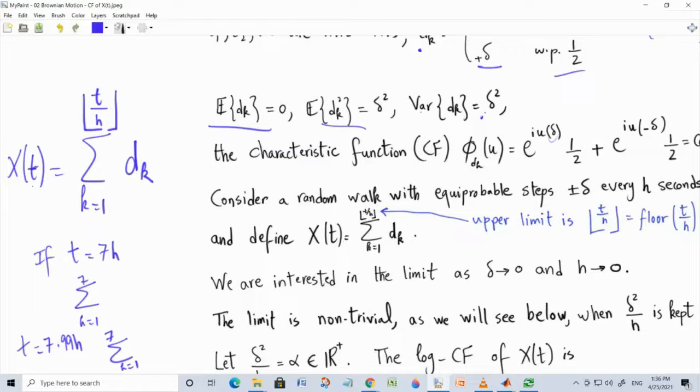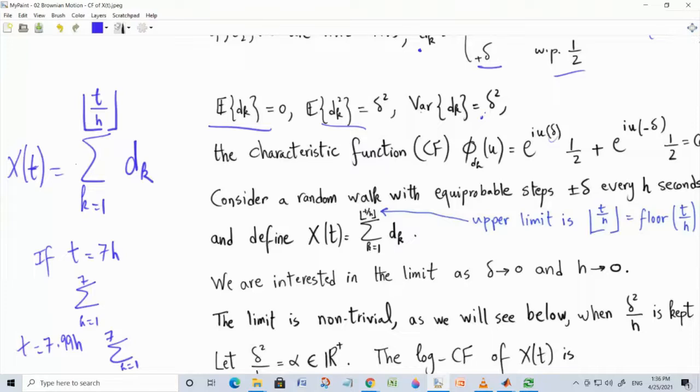It is just that, rather than using a discrete index, we are using a continuous index, and the number of terms in the sum will be t over the time step, but because this is not necessarily an integer, we take the floor.